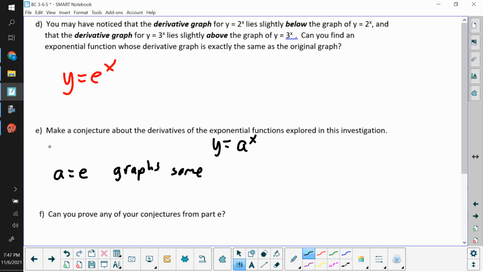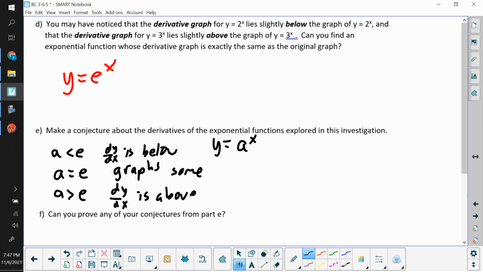But what we noticed for 2 is it was below. So maybe that means if a is less than e, dy dx is below. And if a is greater than e, so like 3 to the x, dy dx is above. And maybe we'll add dy dx is below y, and dy dx is above y, just so we're clear in relation to.